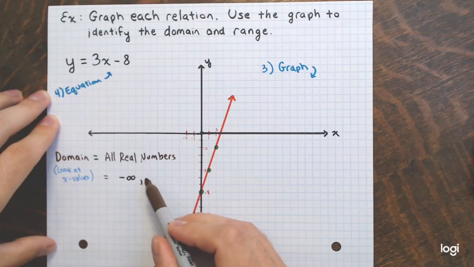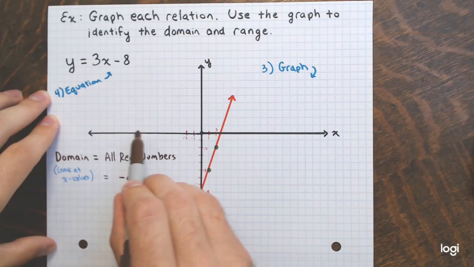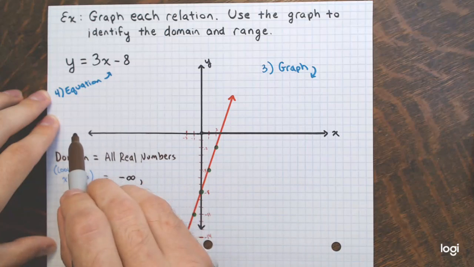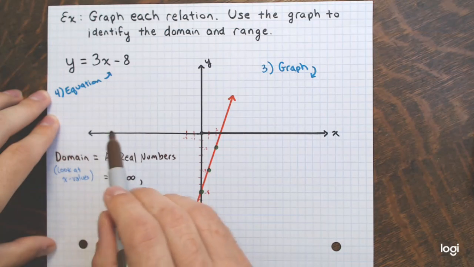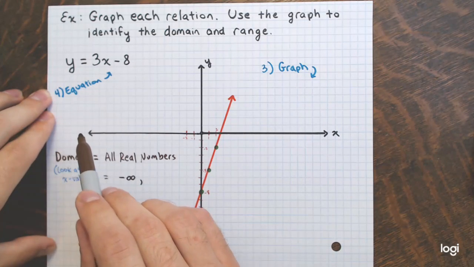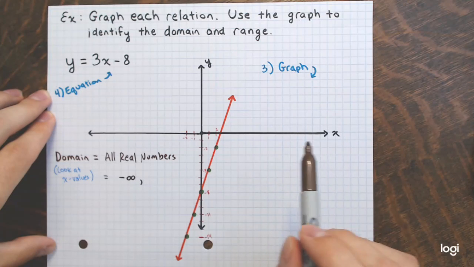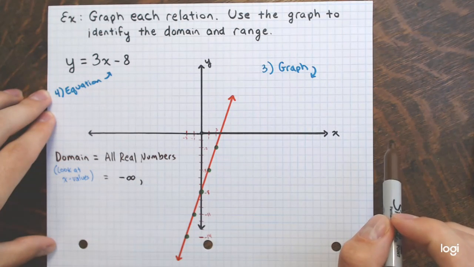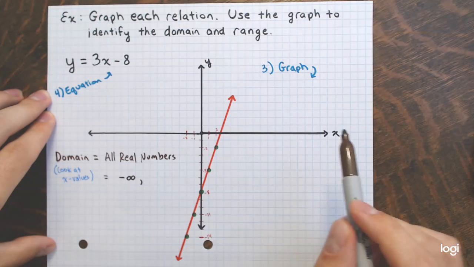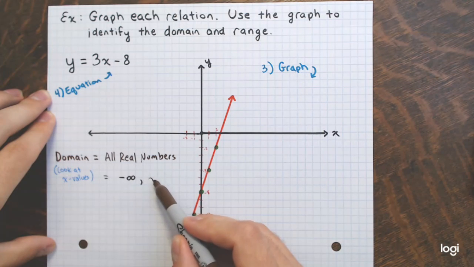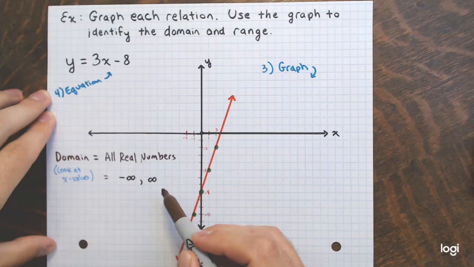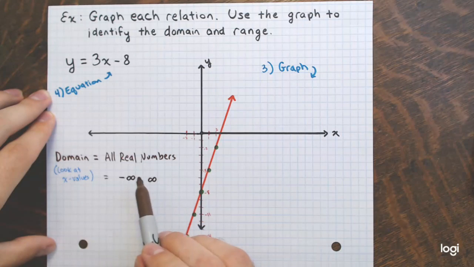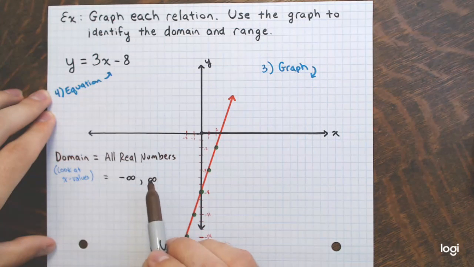Then a comma, and every value to the far left, indicated by the -infinity, every value over here is in the domain, all the way to the far right. There is no highest value in the domain either. So to indicate that, we put a positive infinity symbol after the comma. So this indicates that every single number is in the domain.